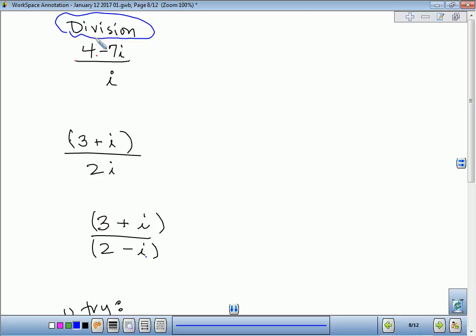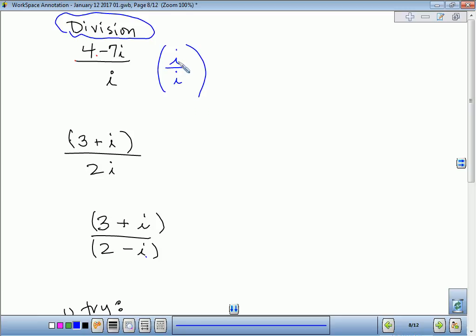And our rules for radicals say you can't have radicals in the denominator, which means we cannot have i in the denominator. And so we have to multiply by what? i. Not only i, we have to multiply by i over i because we can't change the value. We just change the form.